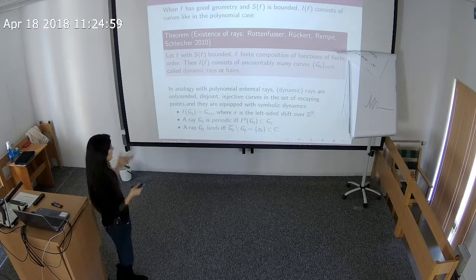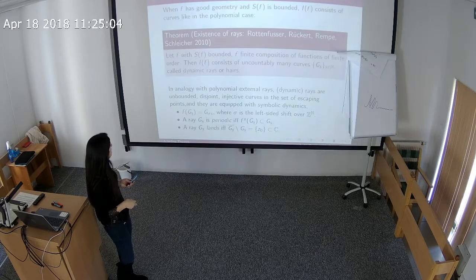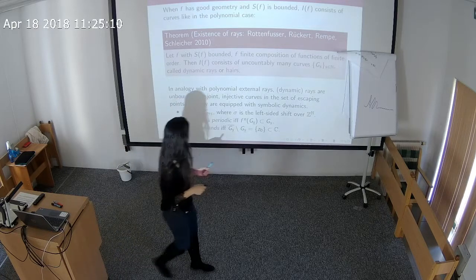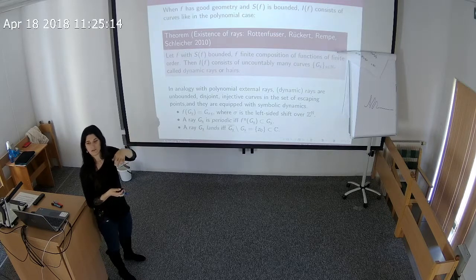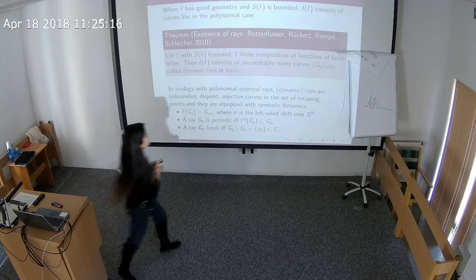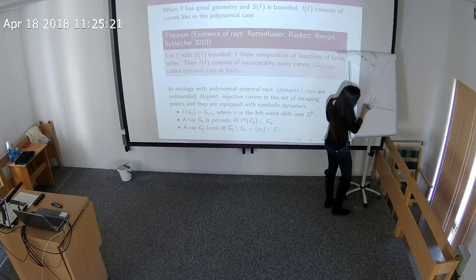The other thing that is important is that we will be very interested in the case in which these rays land. We say that a ray lands if when you take the closure of the ray and you take away the ray itself, you just get a point. So if you do some weird things, but then eventually you converge to a point, you land.